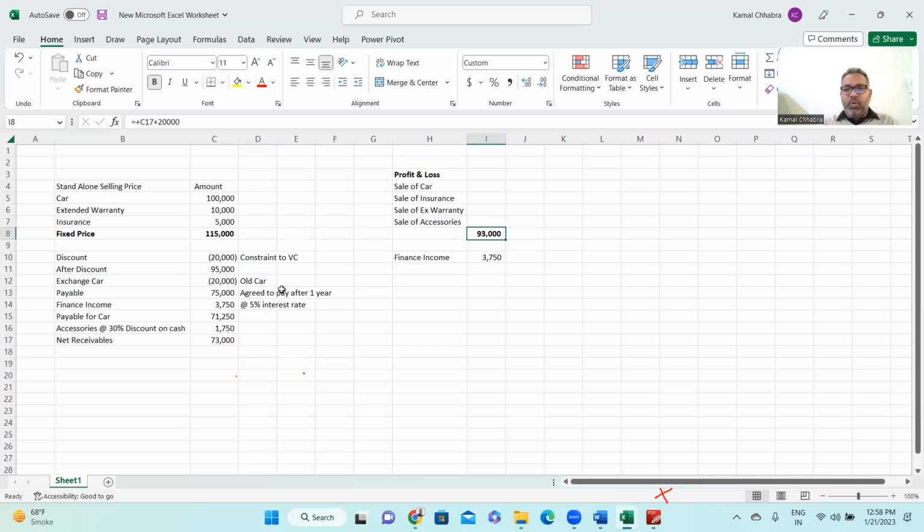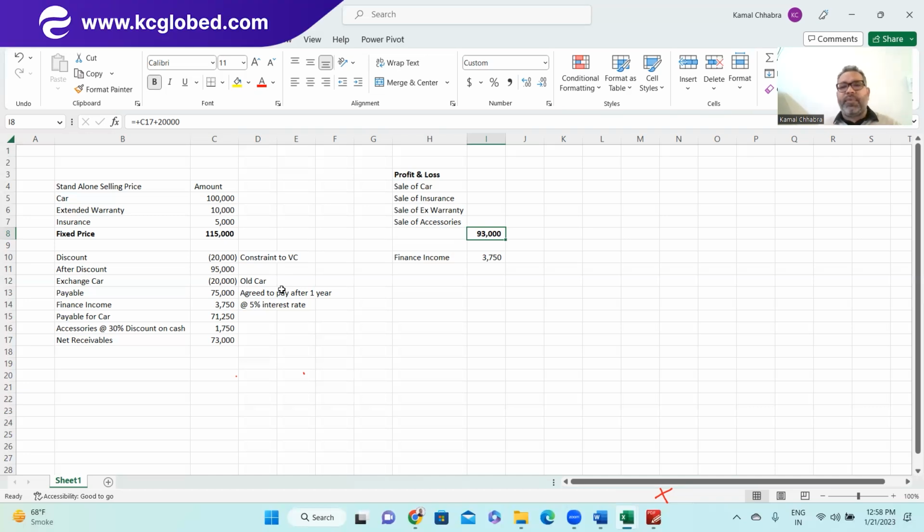But how you need to allocate the transaction price to different performance obligations? The performance obligations are delivery of car, giving insurance, giving extended warranty, and providing accessory. These are 4 separate performance obligations. So on those performance obligations, we need to identify how much of this 93,000 needs to be allocated. That we'll discuss in step 4.